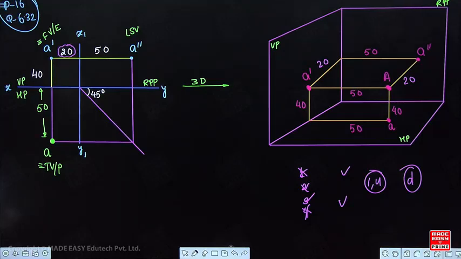So here readymade diagrams are not recommended because you will not understand anything. You will see the figure and in the examination you will get confused. Now you have drawn it, it will remain in your brain, right?